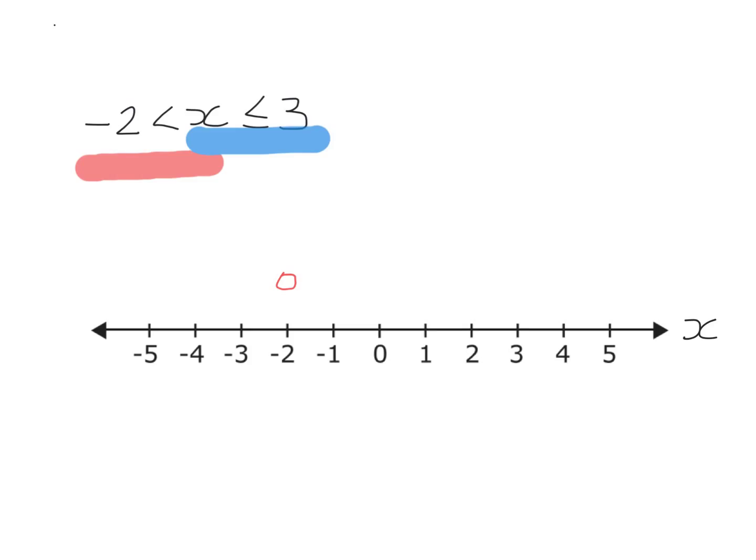I therefore have a closed circle, so I'm going to put my closed circle over there. Looking at my inequality, minus 2 is less than x, which is less than or equal to 3, my answer has to be somewhere in this line over here. So I can just join up those two circles, one open and one closed, and my answer has to be somewhere in the middle of those two. That's how you graph it.